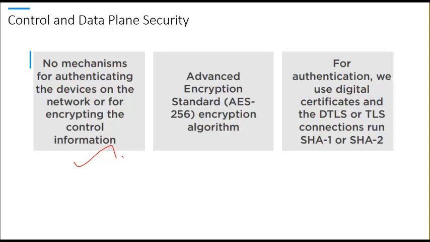BGP, OSPF, EIGRP, RIP, IS-IS, these are all control plane protocols that build the routing table that maintains the direction for the packet to go to reach the destination.